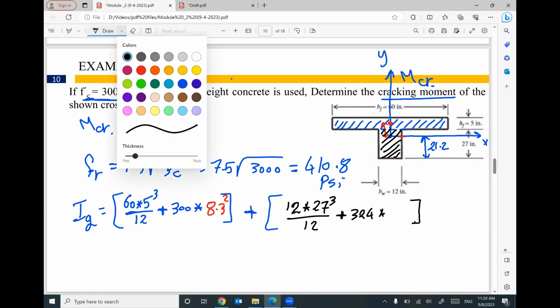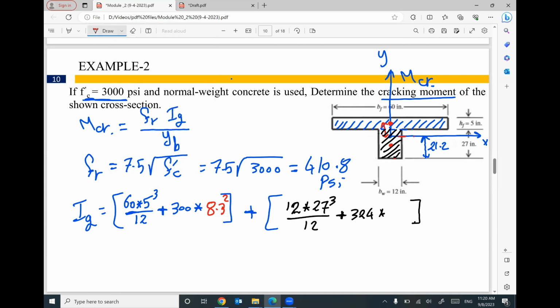What is the vertical distance between the centroid of this part and your x-axis? 21.2 minus 13.5. I got 7.7 squared. If you don't agree with this number, let me know.